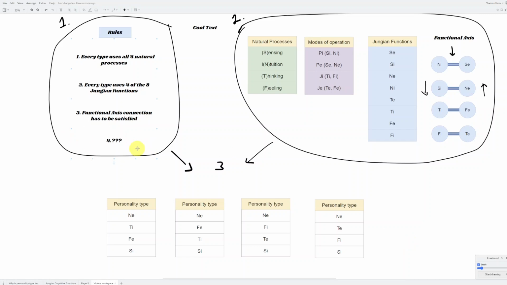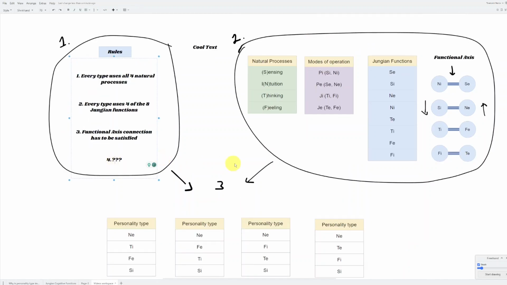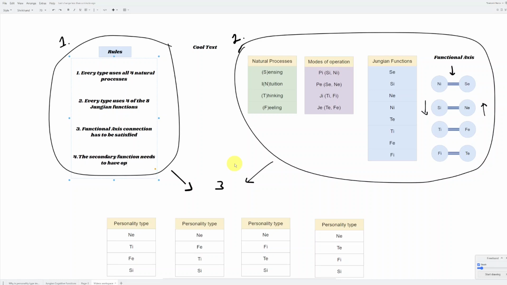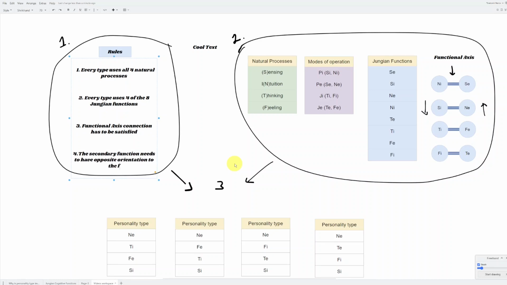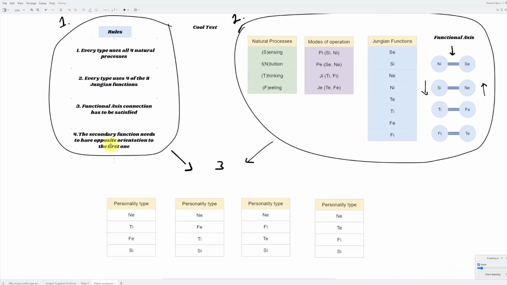But I'll reveal now what is the 4th rule. So the 4th rule is that the secondary function needs to have opposite orientation to the first one. So as we learned before, orientation means either introversion or extroversion, so this orientation, and the secondary function needs to have opposite orientation.